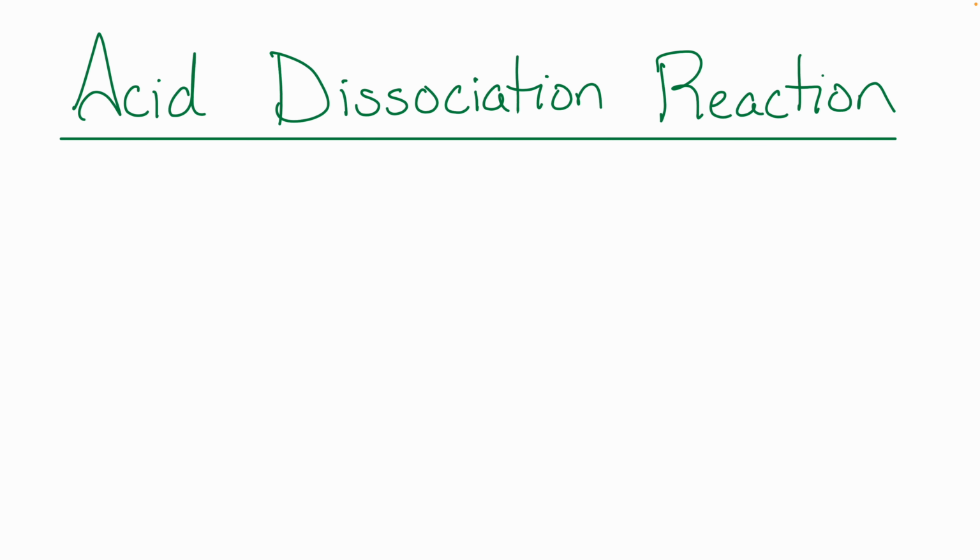Okay. The acid dissociation reaction is when we take an acid and we add it to water. The acid is going to play the role of the acid, which means that water is going to be playing the role of the base.